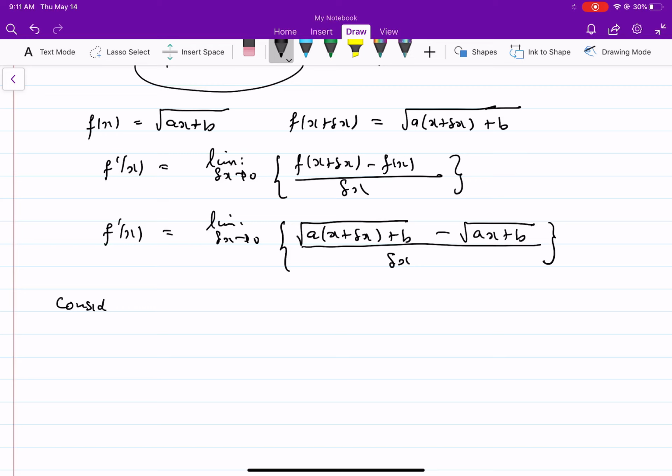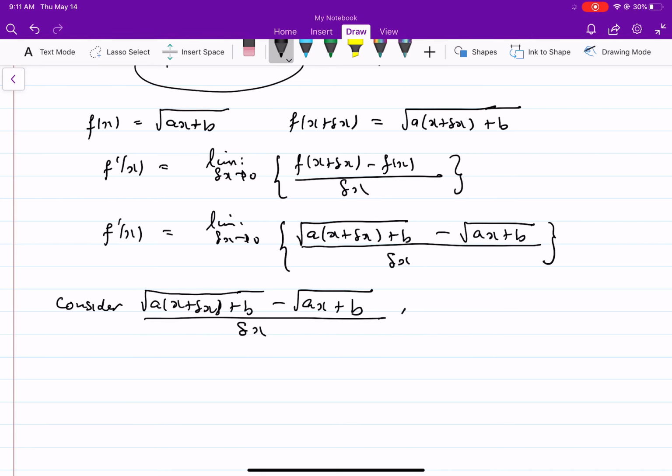So I'll pull the function out before and do exactly that. Consider the root of a into x plus delta x plus b minus the root of ax plus b upon delta x. Rationalizing it means multiplying both numerator and denominator by the conjugate of the numerator.